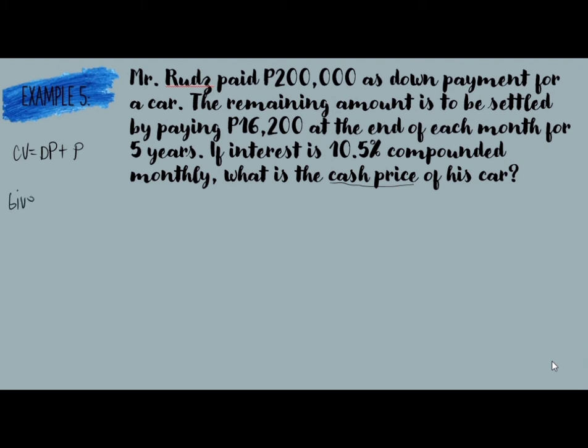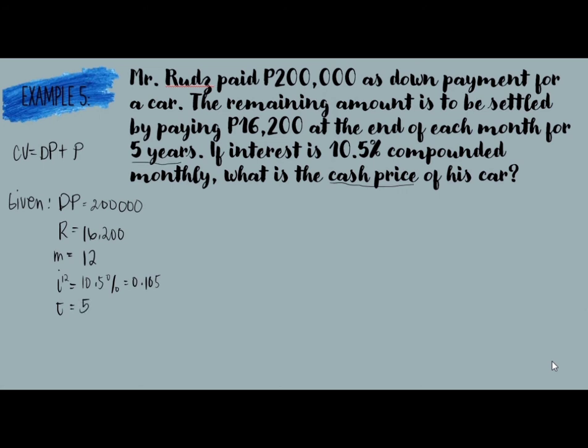Okay, so ano-ano ba yung given? Okay, so sulat natin, meron siyang down payment na 200,000 pesos. Then, yung babayaran daw niya each month or yung regular payment niya is 16,200. Diba? Since each month yan, yung conversion period natin is 12. Then, yung interest rate natin is 10.5% or 0.105. Okay? Then, yung time is 5 years.